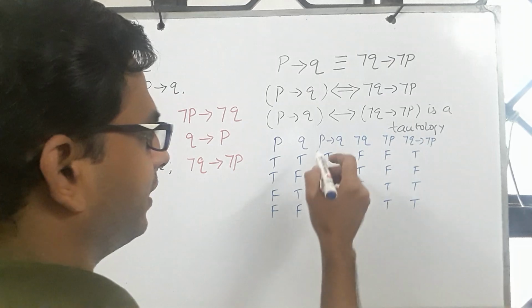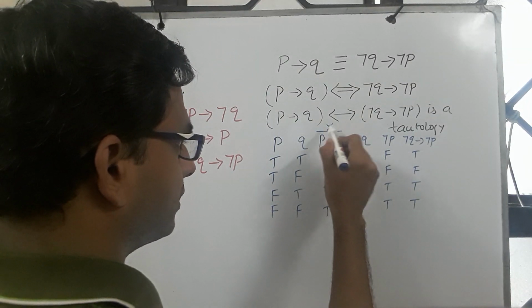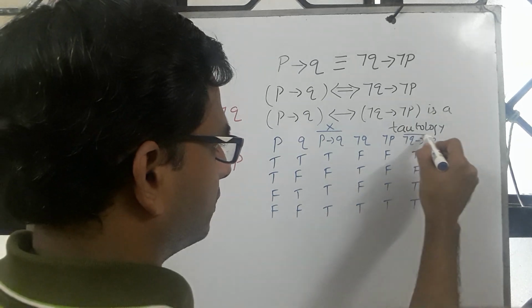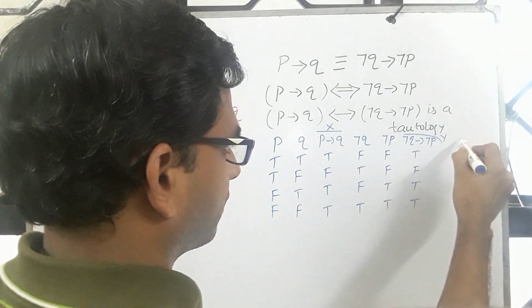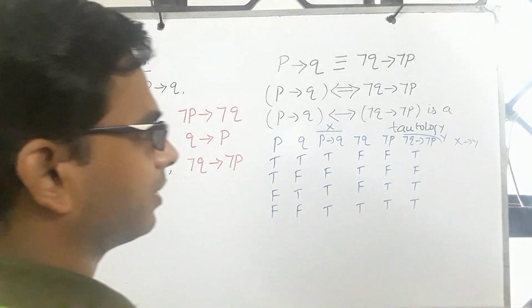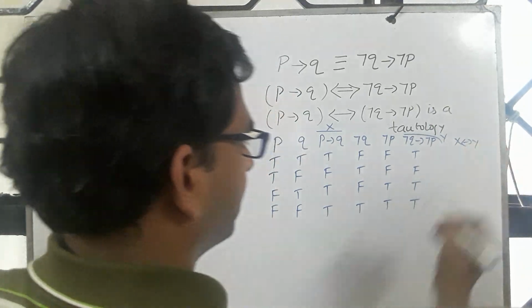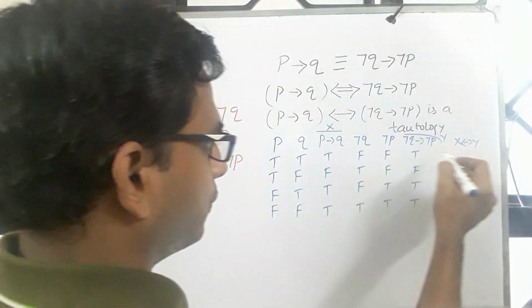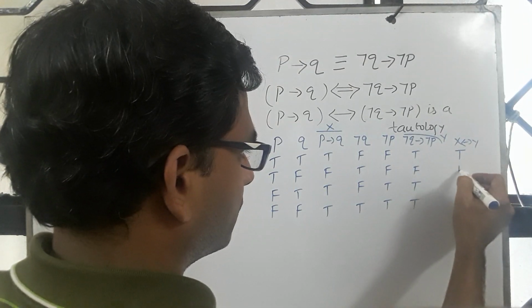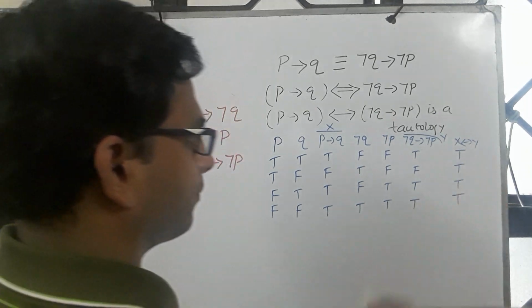So finally we need P imply Q, let me call it as X, and this let me call it as Y. So we need X implies Y, correct? And we need biconditional between them, so we need this. So true, true is true, false, false is true, this and this.